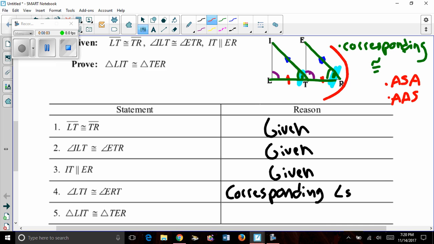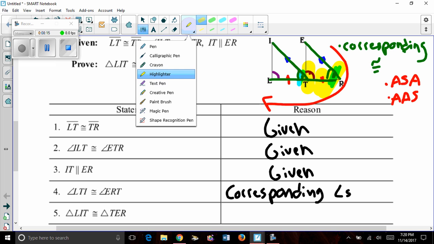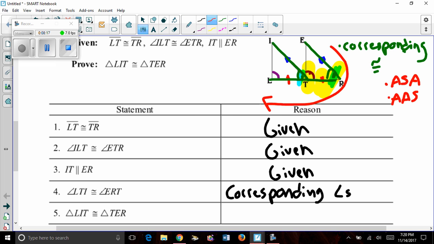If we look at our picture in clockwise, I start to see, oh, well, this angle, side, angle, it's the order in which it appears. So all we have is angle, side, angle.